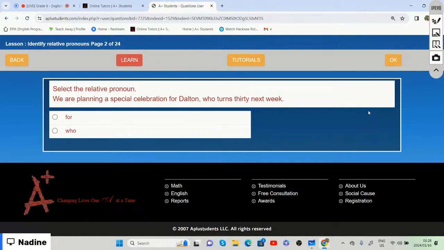We need to select the relative pronoun. It says, we are planning a special celebration for Dalton, who turns 30 next week. Is it for or who? That is our relative pronoun.